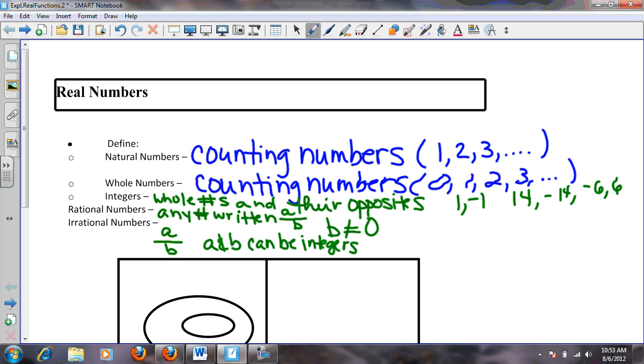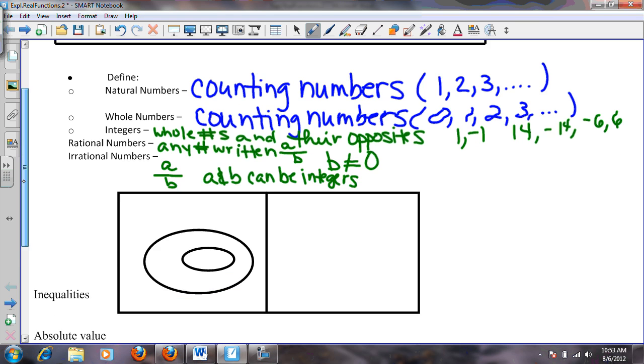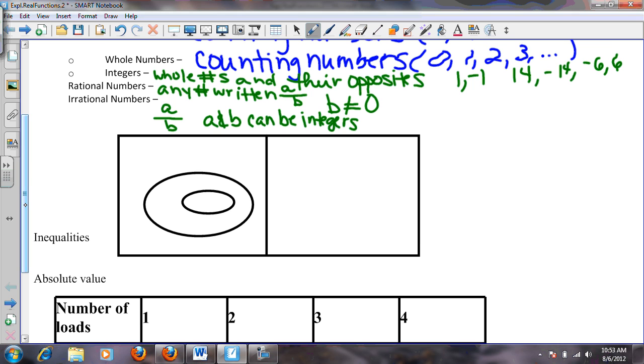So I want us to look at it in summary here. In summary, you have a little chart where we have real numbers. And we have two categories in real numbers. They are rational and irrational numbers.